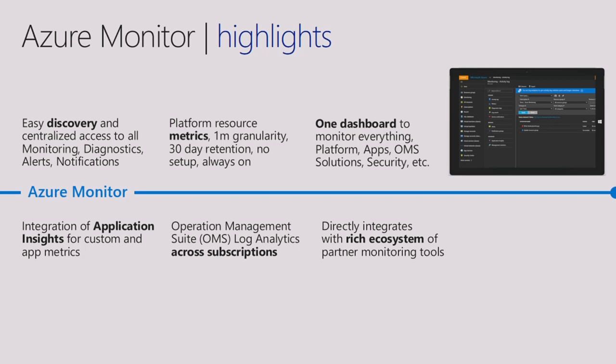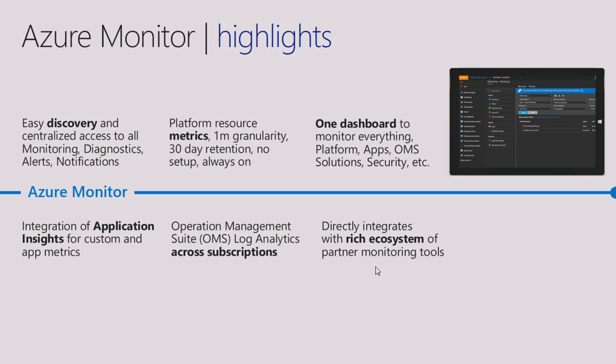And you can set up a single dashboard to monitor everything, as I showed in the previous slide. There's deep integration with Application Insights for monitoring custom metrics and application level metrics, and with OMS for log analytics across your entire IT deployment. And of course, we are a platform, so it directly integrates with a rich ecosystem of partner monitoring tools.